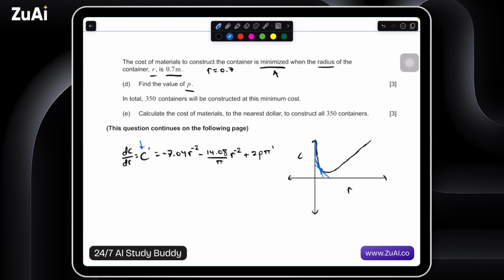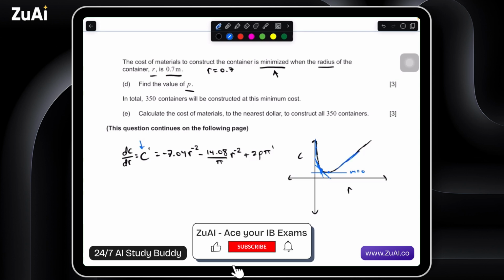But there's going to be a point where we move from having a negative slope to having a slope of 0, where we don't have any increase or decrease, where m, essentially, the slope of the tangent line is equal to 0. And then of course we're going to have an increase again, and an increase, and so on at any point on the line.